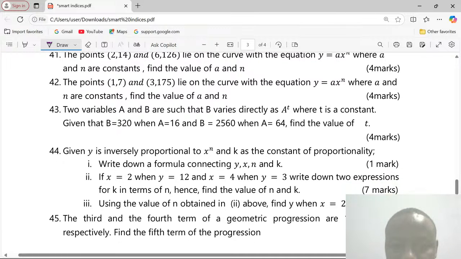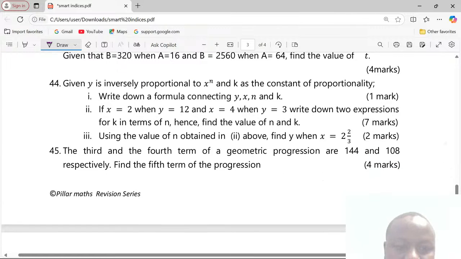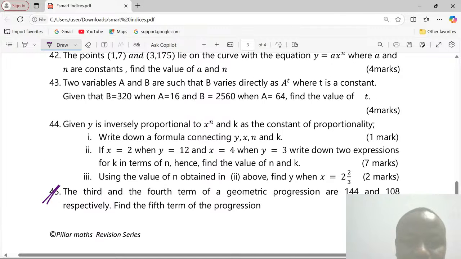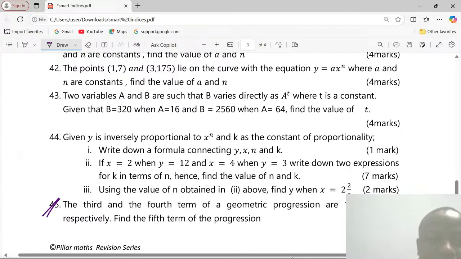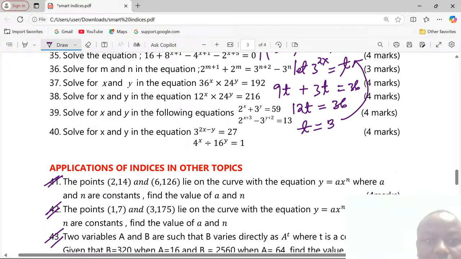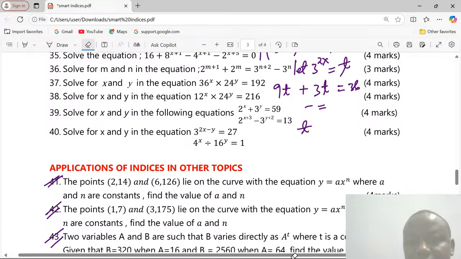You see, this is even a question from sequences and series. We have variables here. We have stories to do with coordinates there. So let me begin with number 41, which I'm going to show you. Then I give you time to try out the others.